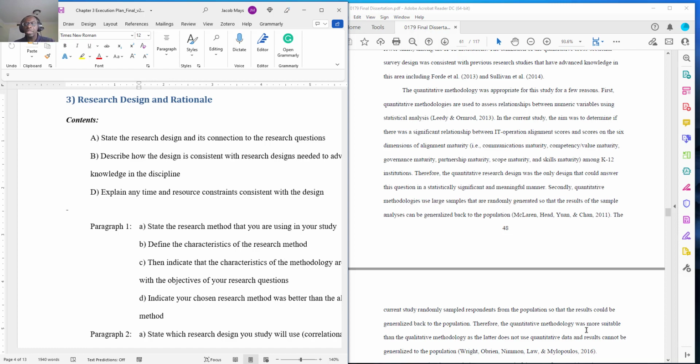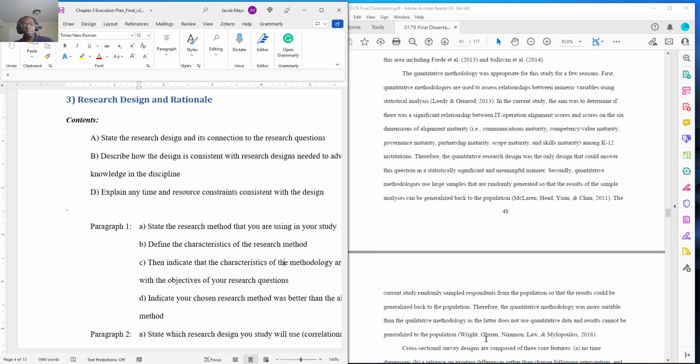Therefore, the quantitative methodology was more suitable than the qualitative methodology, as the latter does not use quantitative data and results cannot be generalized to the population. So what they did is they included both why the qualitative design was not appropriate, right?